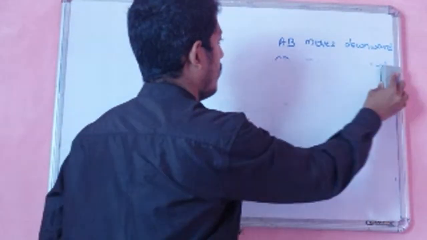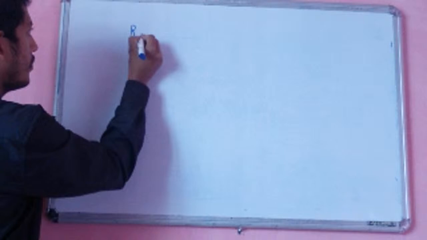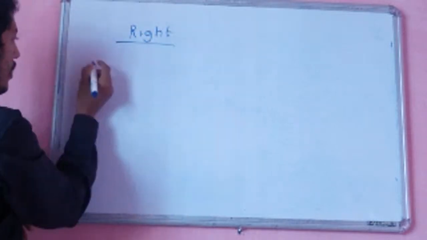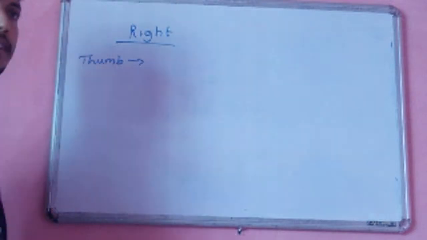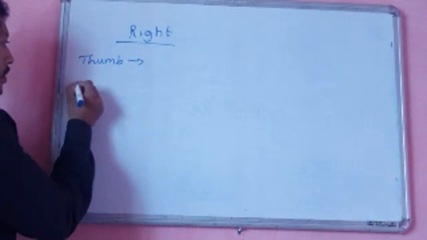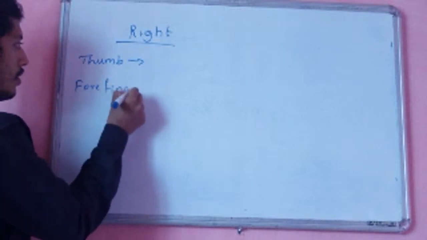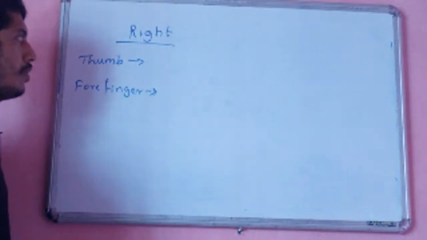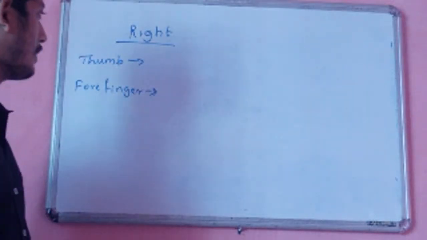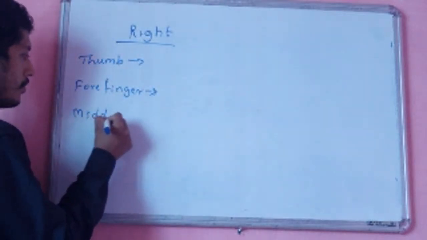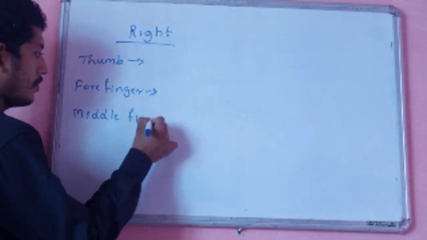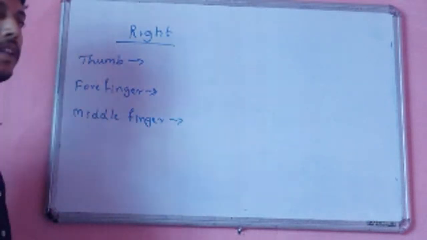So we have to remember the difference between Fleming's left hand rule and right hand rule. In the right hand rule, thumb represents dash, forefinger represents dash, and middle finger represents dash. Comment your answers.